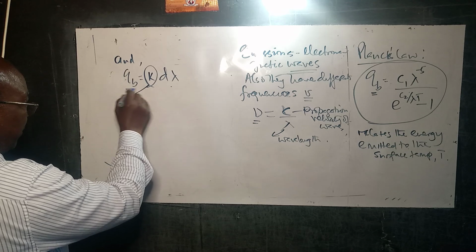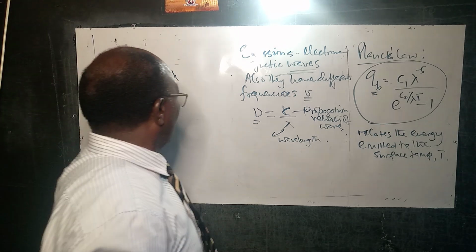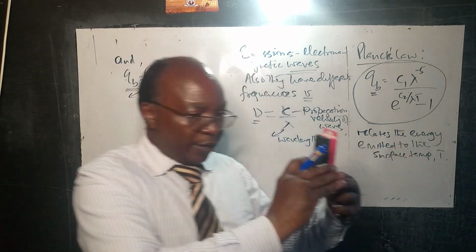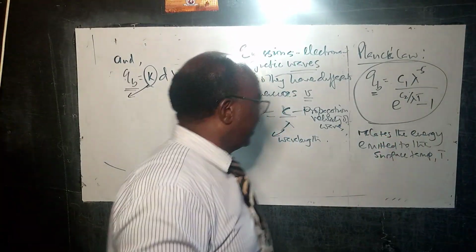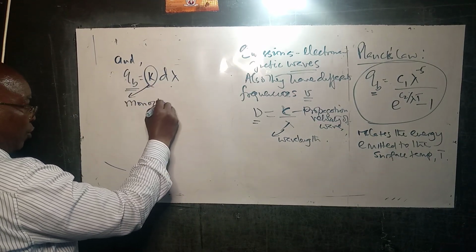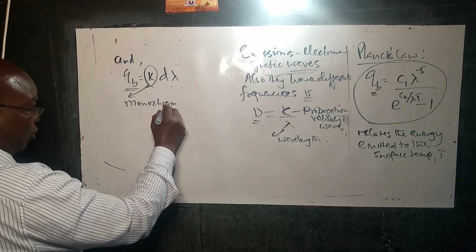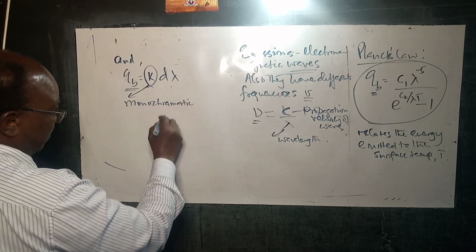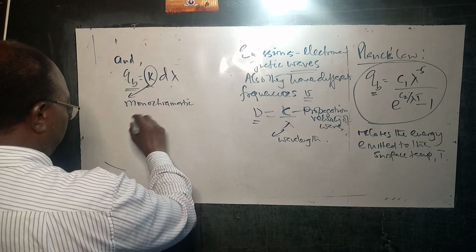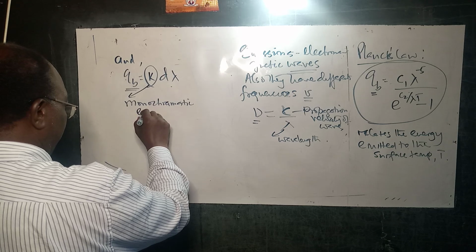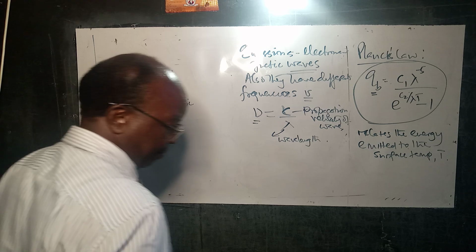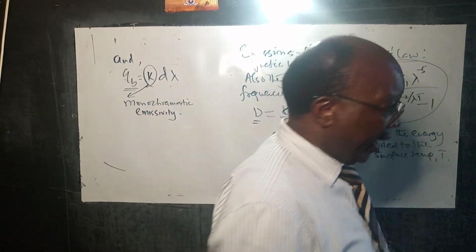That relationship between the total energy and the wavelength band you're talking of has a constant K, which is called the monochromatic emissivity. It's a constant.